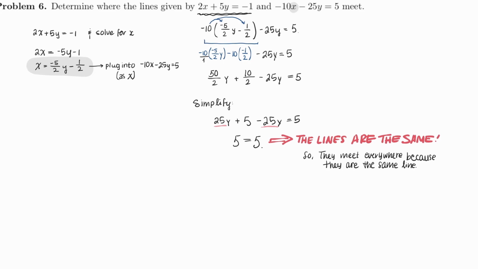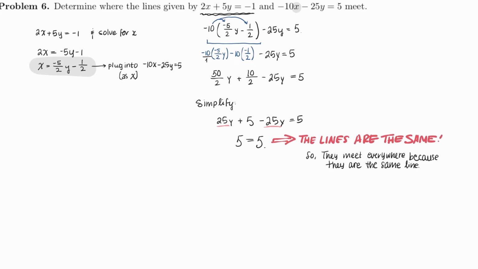Another way you could do this problem is the following. We could take 2x plus 5y equals negative 1, and the other equation, negative 10x minus 25y equals 5.